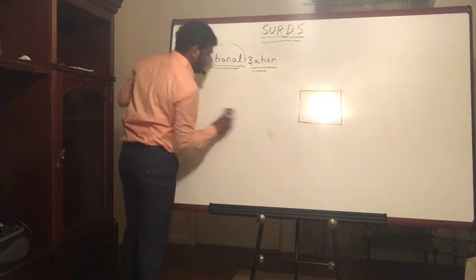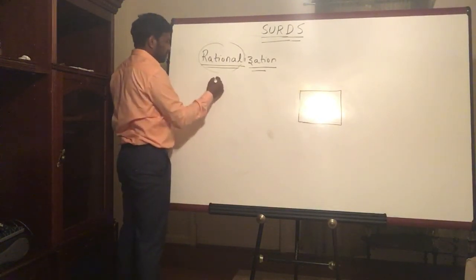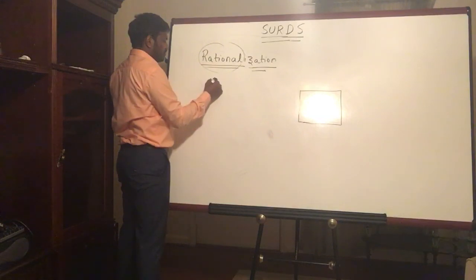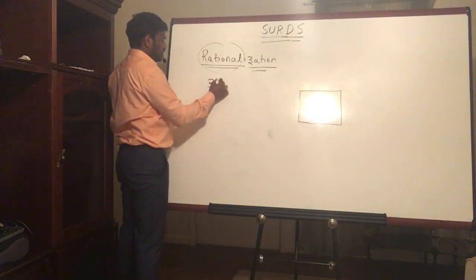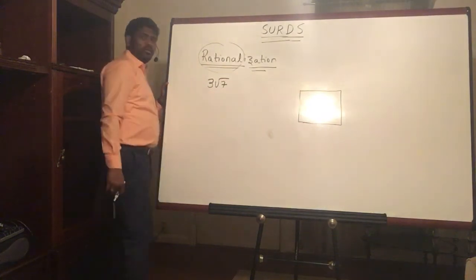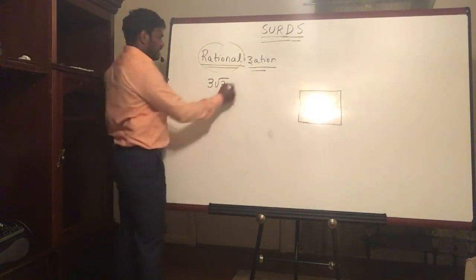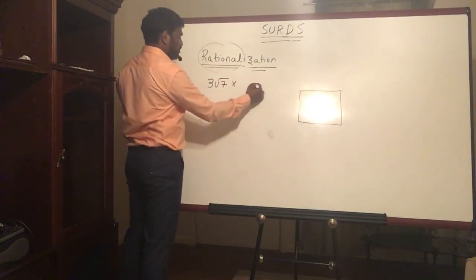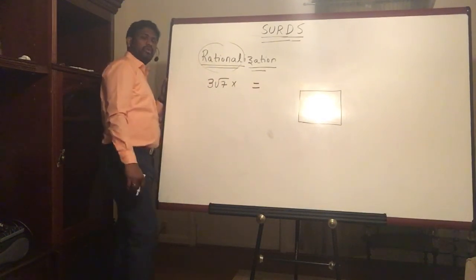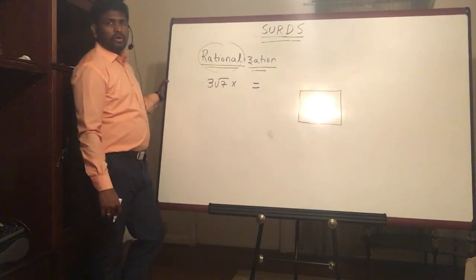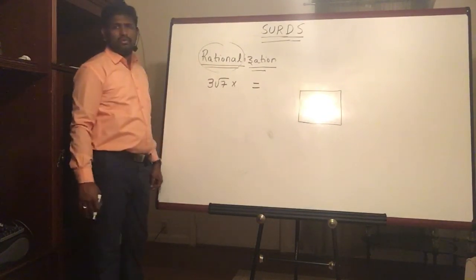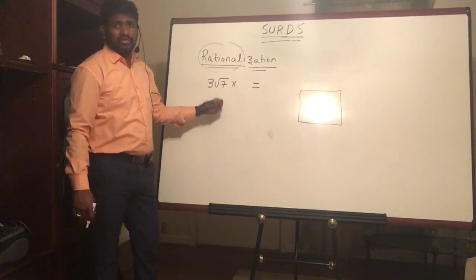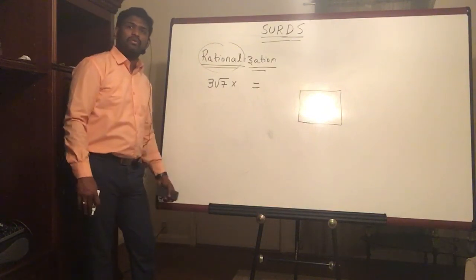So one more example. Take 3 root 7. This is 3 root 7. We need to multiply with another number so that we get a rational number. What is that other number? Root 7. See, can root 7 be further simplified? No, we can't simplify root 7 further.